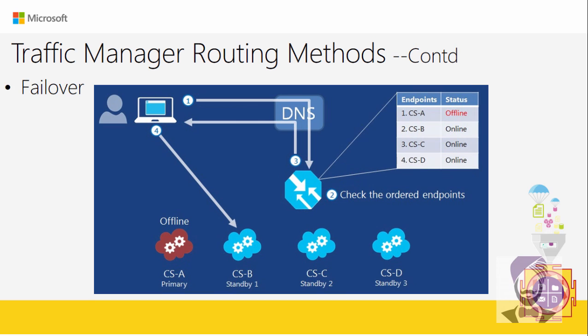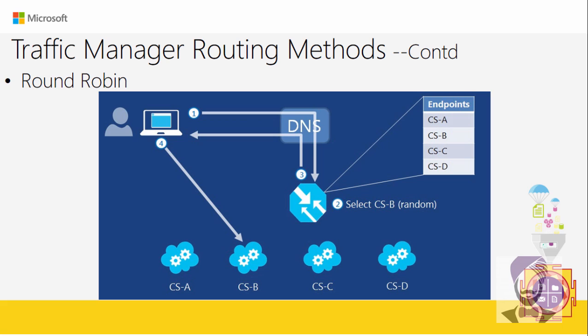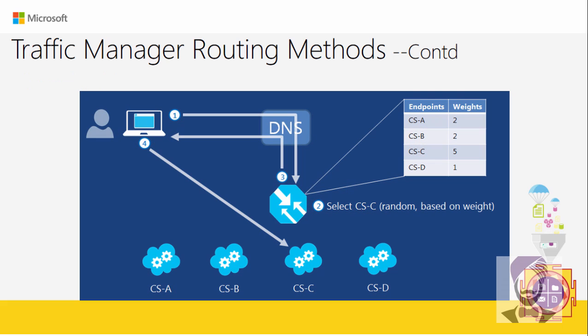Now when I talk about the round robin routing method, what Azure Traffic Manager does is it chooses one of the endpoints at random, and then it sends traffic to different endpoints in a round robin fashion. So you can imagine the traffic being sent to different endpoints in a random fashion.